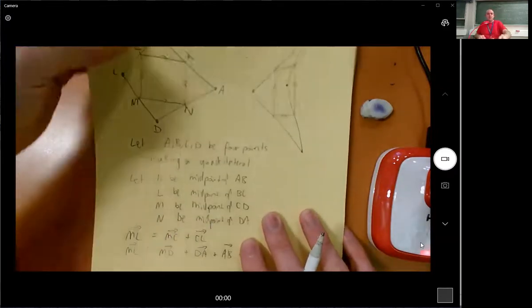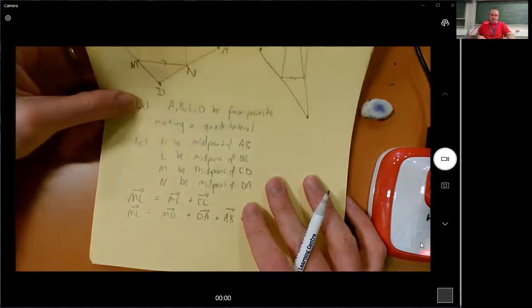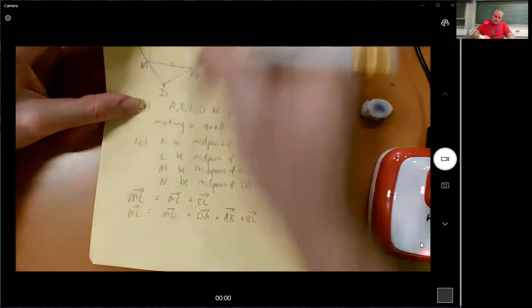But what if I try to see what happens if I go N to K as well?